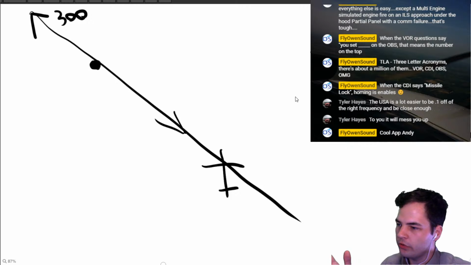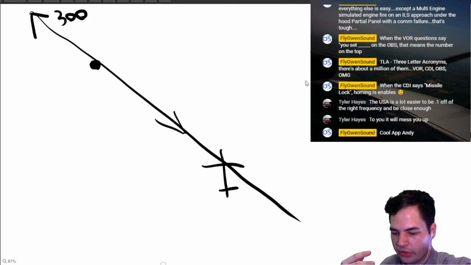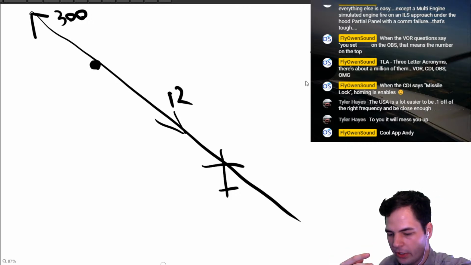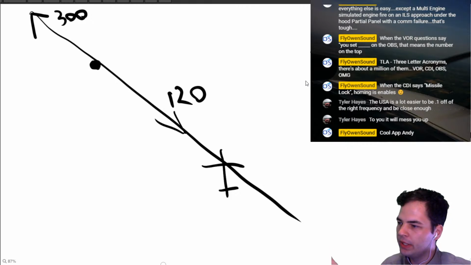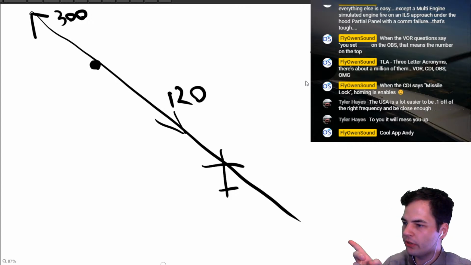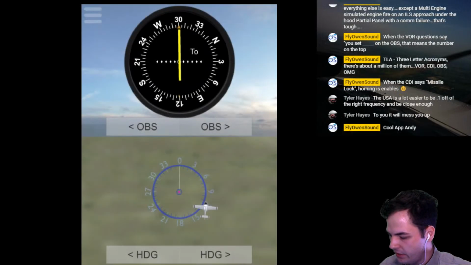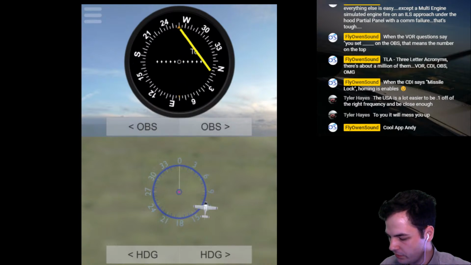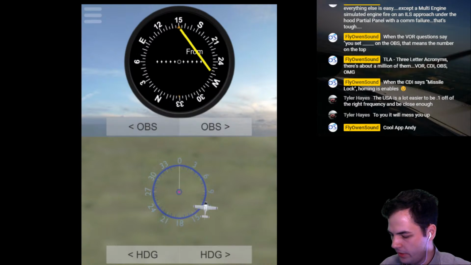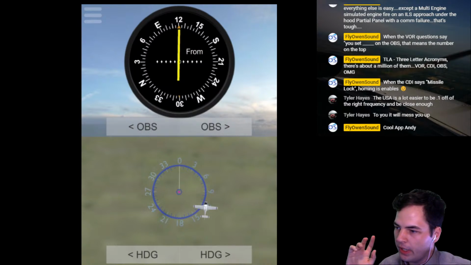That's why when I had 120 degrees tuned at the top, it also centered the needle, but it said from. If I flew 120 degrees, I would fly away from the VOR. If I flew 300 degrees, I would fly to the VOR. We can look at that again to confirm: 300 degrees at the top with a to indication, and then 120 degrees with a from indication.